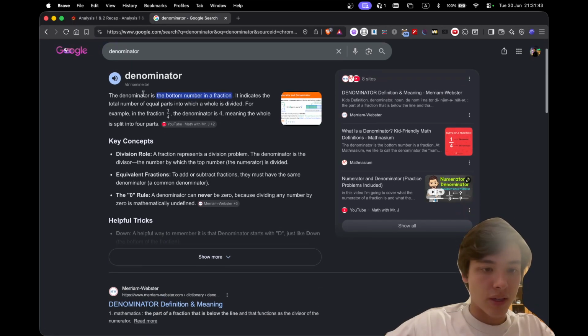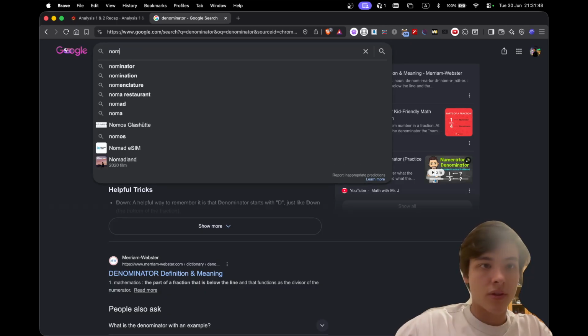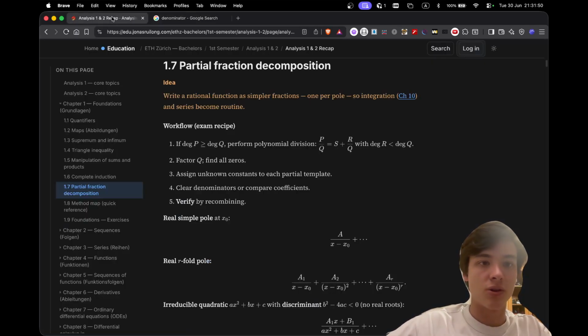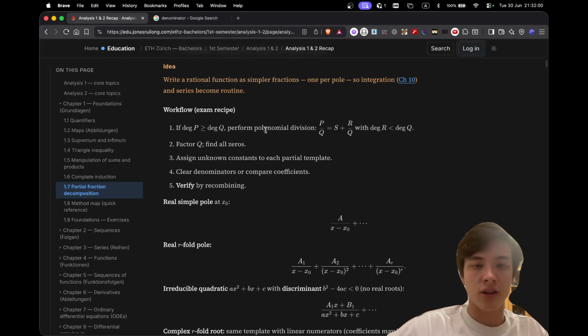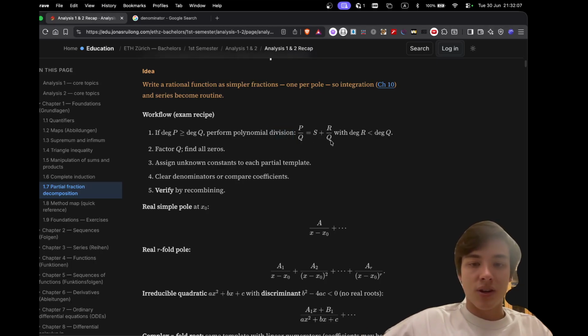I guess nominator is the one on top. A numerator, yeah. So if the degree of the numerator is larger than the denominator, then we do a polynomial division. I hope you know what it is. I'm not going to go through it.